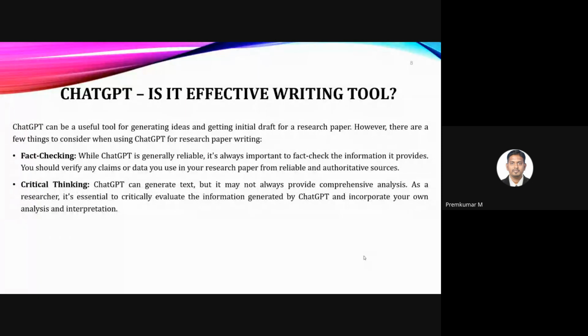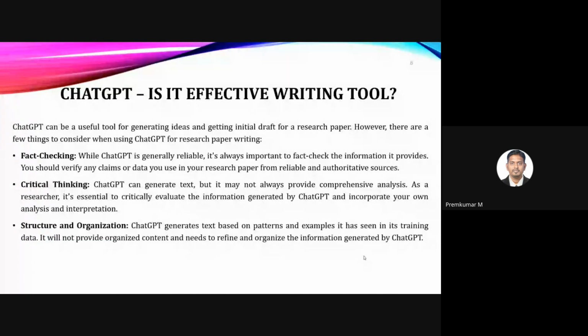ChatGPT cannot analyze your results or do any comprehensive analysis. It may give a draft analysis. With that draft analysis, incorporate your own analysis and interpretation, so that you can improve the quality of your paper.